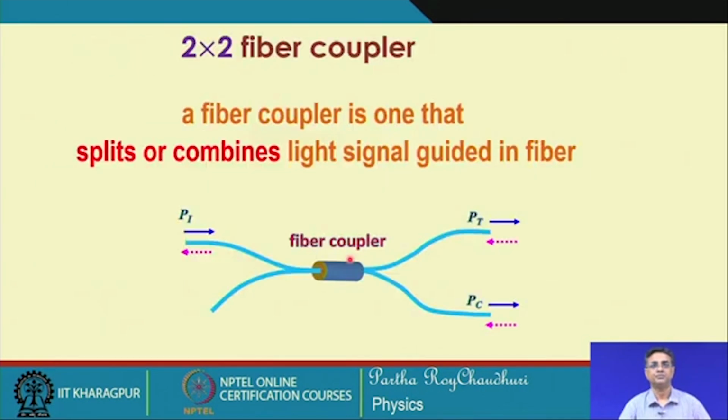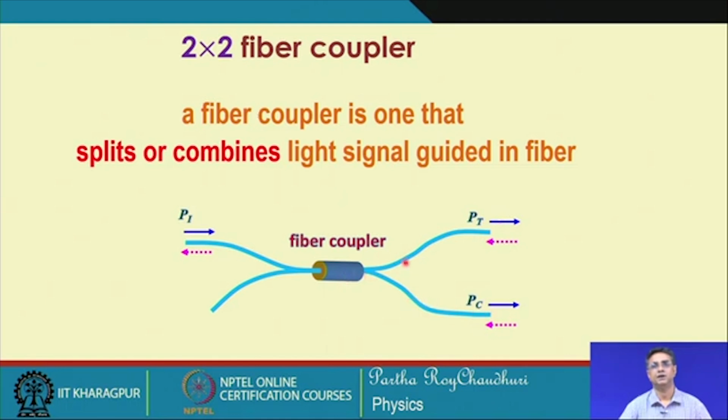So, first let us see what a fiber coupler is. A fiber coupler is one that splits or combines light signals guided in the fiber. Like a beam splitter, if you have an optical beam, a light which is injected here, then this light will be split into two parts, a part travelling in this fiber and the other part travelling in this fiber.